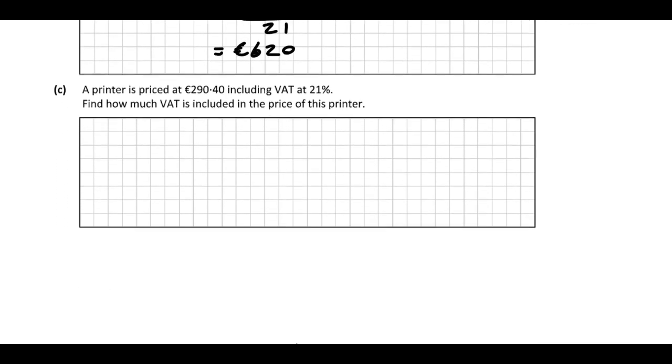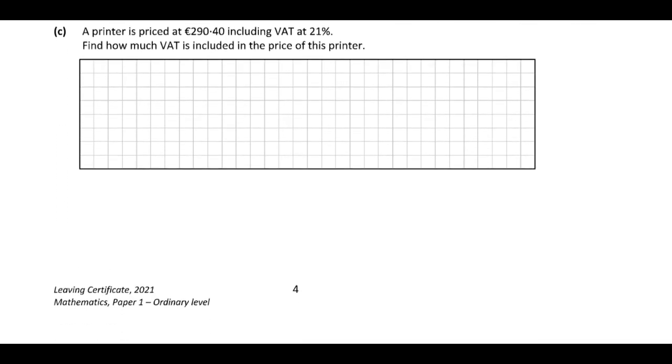Okay, so the next one then, a printer priced at €290.40 including VAT at 21%. Find how much VAT is included in the price of this printer. So in this particular case, we know that the €290.40 is going to be equivalent to 121%.